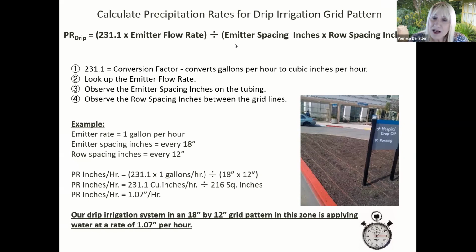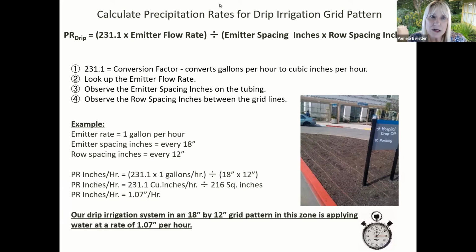And once you get all of that, you plug it into the formula. In the example, we have a 1 gallon per hour emitter flow rate, spacing every 18 inches and row spacing every 12 inches. And when we plug it in using the conversion of 231.1 times the emitter flow rate divided by the emitter spacing times the row spacing.